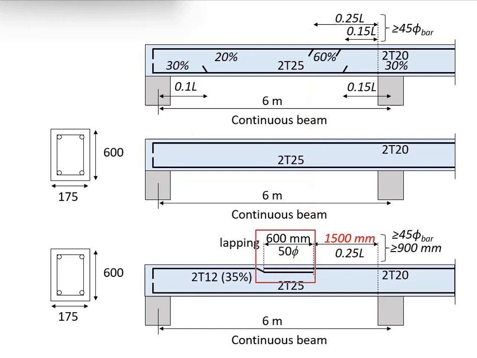Now, having this determined, you know that the required lapping length is 50 times the diameter. Follow the diameter of the smaller bar size, that gives you 600 mm. And the lapping should end at the region where you can do the curtailment.